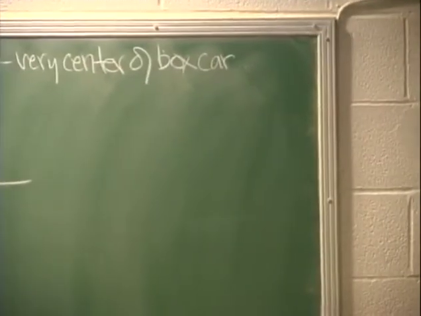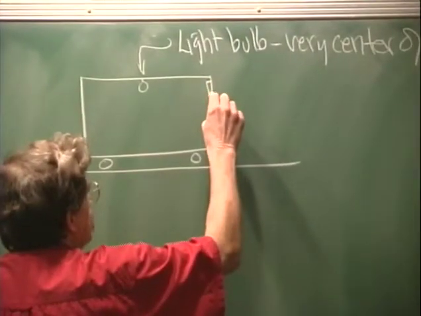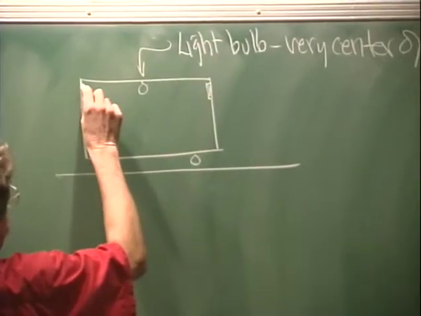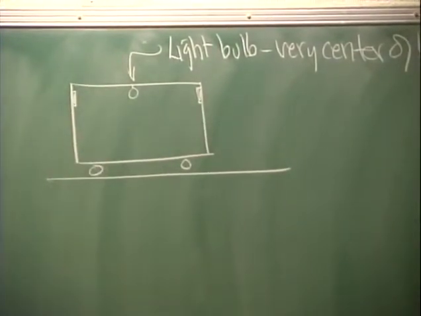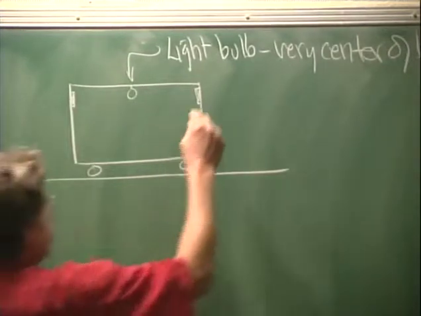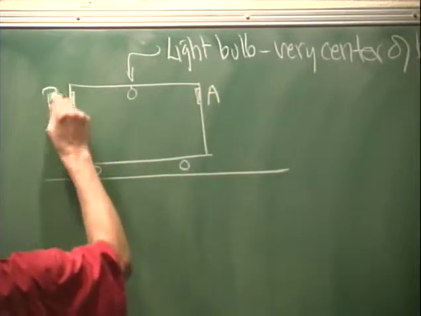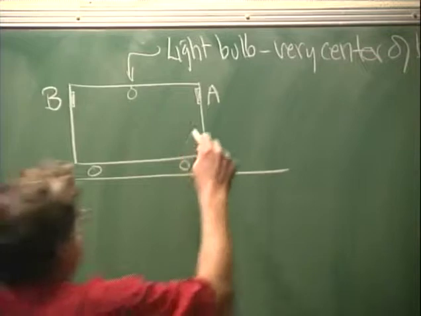And at a switch, I can turn on the light. Now I have mounted also a couple of detectors, a detector on the front wall and a detector on the back wall. And those record the event when the light signal gets to them. Maybe they ring a buzzer or something like that. Let's call this one A and this one B. Those are 2 detectors then.